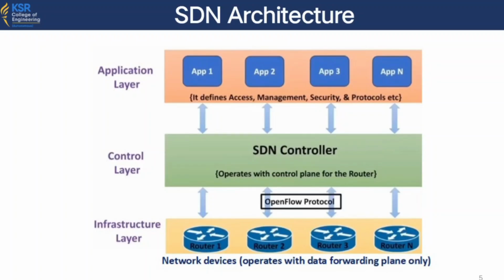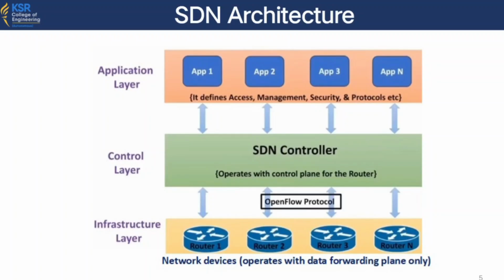They are not operating at the control plane. In normal traditional networking, these routers do two tasks, control plane and data forwarding plane. But in SDN architectures, these routers operate with the data forwarding plane only.